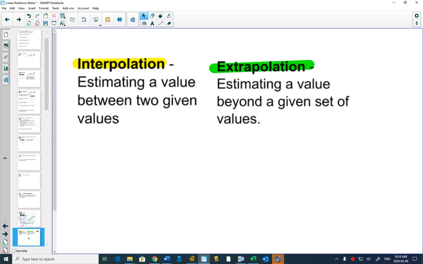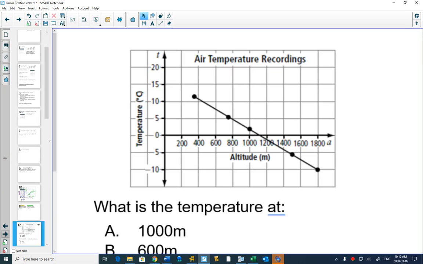So what you could get is a question that has a graph. Here's a graph, air temperature recordings at different altitudes. As you go higher up from sea level, that's your altitude, the temperature seems to be going down. It would be really weird if it was the opposite.